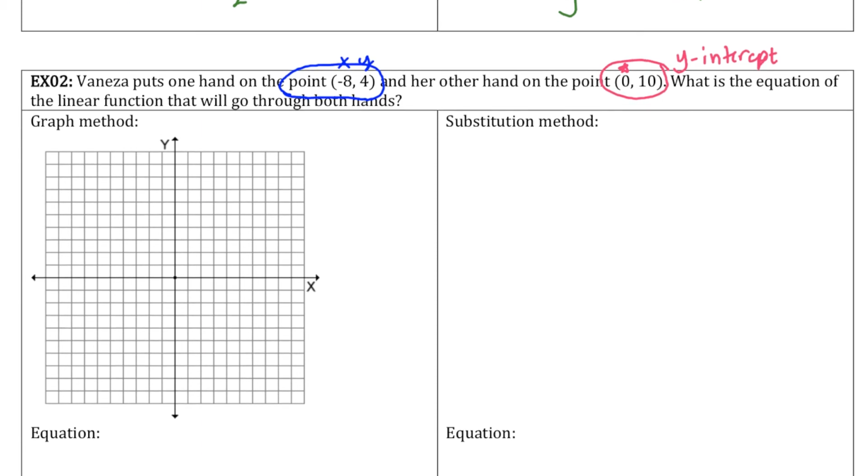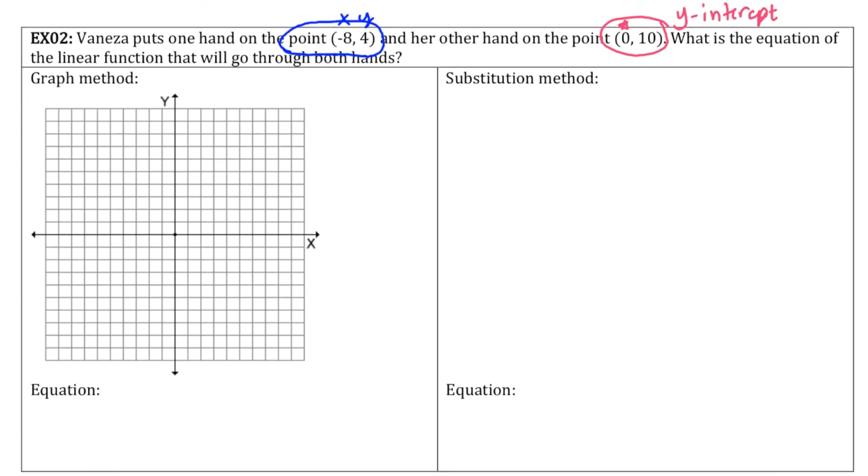Okay. So let's graph this y-intercept, 0, 10. Let's graph this point, negative 8, positive 4. 1, 2, 3, 4. I want blue. Okay, and then I am going to figure out how to go from here to here.